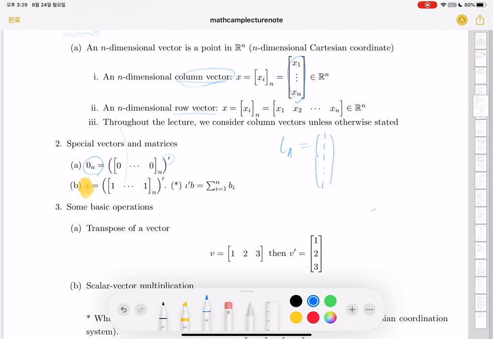So iota prime, therefore, is a row vector of 1s. So iota 3 prime times (1, 2, 3) means 1 plus 2 plus 3, right?